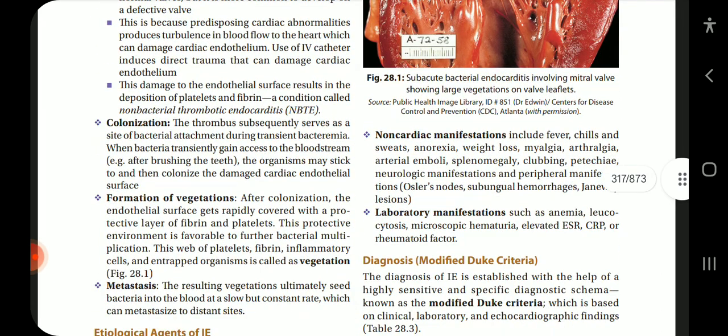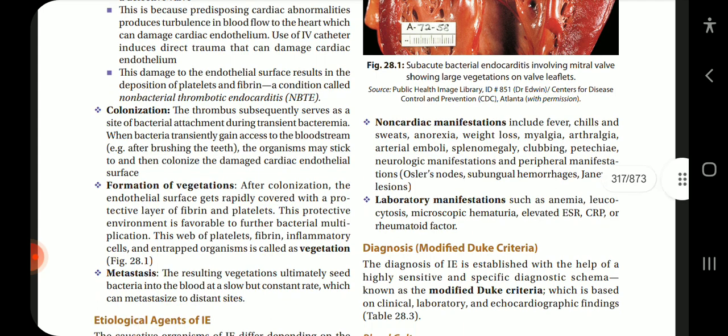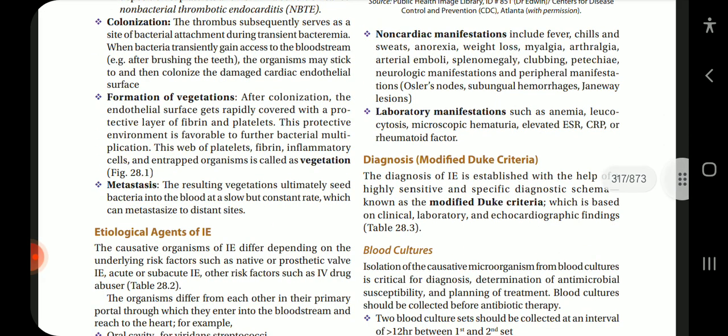The non-cardiac manifestations include fever, chills and sweats, anorexia, weight loss, myalgia, arthralgia, arterial emboli, splenomegaly, clubbing, fatigue, neurological manifestations, and peripheral manifestations like Osler's nodes. Osler's nodes are the result of immunologic phenomena, while Janeway lesions are the result of vascular phenomena. Lab manifestations such as anemia, leukocytosis, microscopic hematuria, and elevated ESR, CRP, or rheumatoid factor can also be seen.